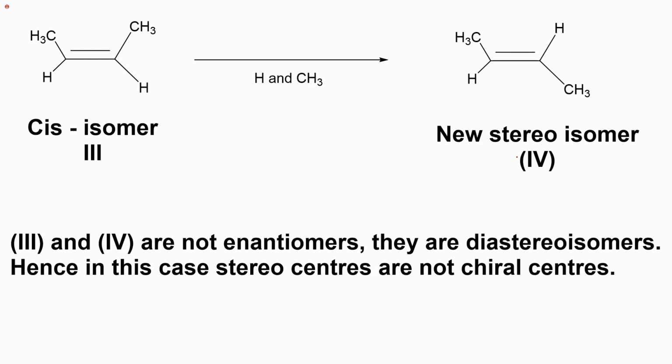Geometrical isomers are of two types: one is the cis isomer and another one is the trans isomer.